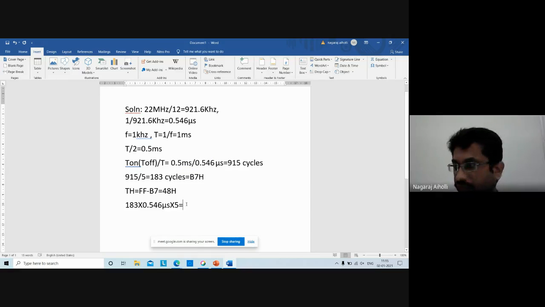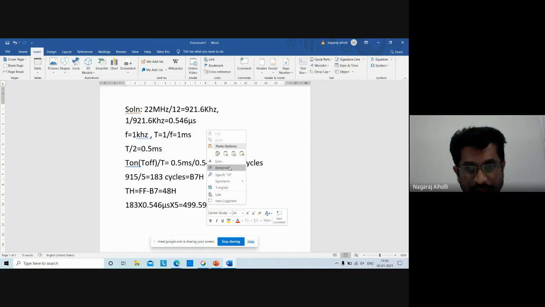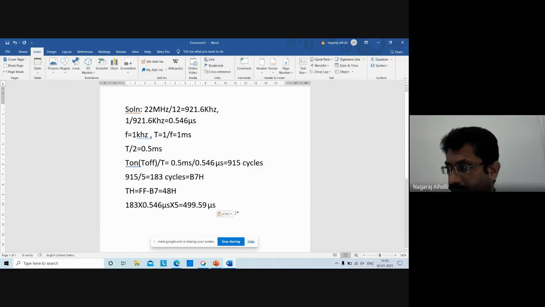So this will be approximately 499.59 microseconds. That means this is approximately equal to 0.5 milliseconds, if you convert microseconds into milliseconds.